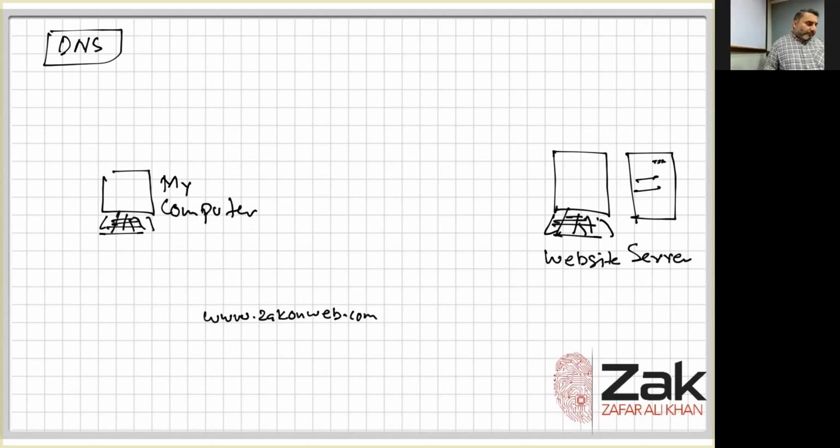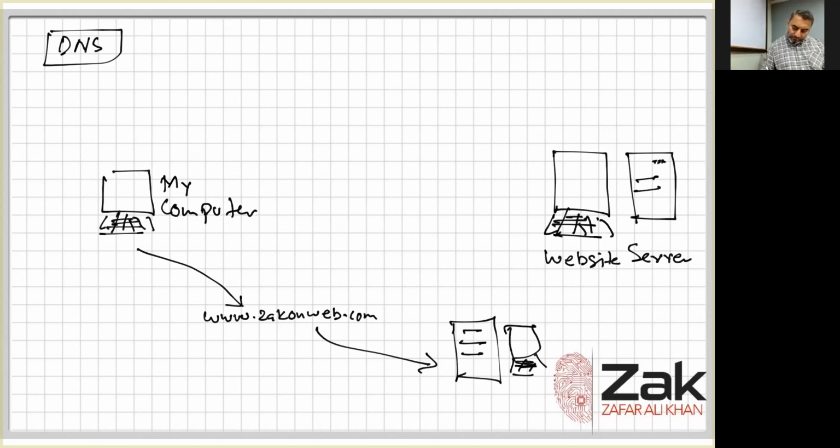So I will ask this to a DNS server. If this DNS server has an idea of the IP address of this given web address, it will give it back to me.